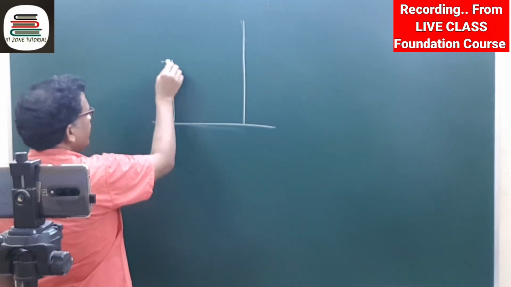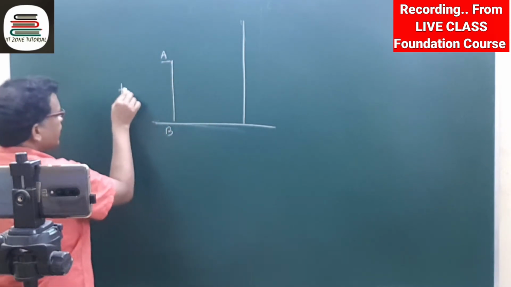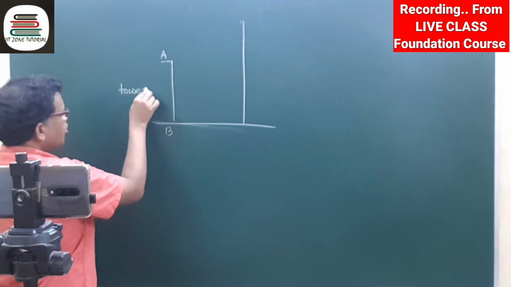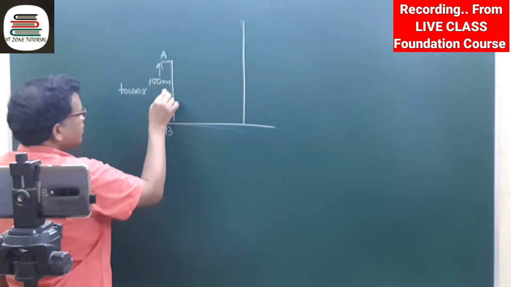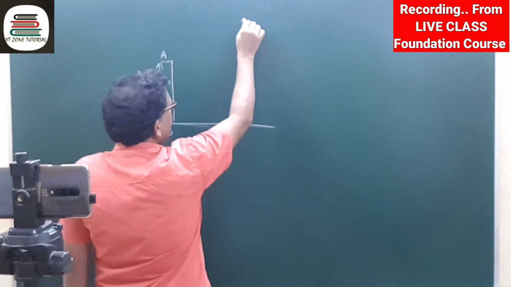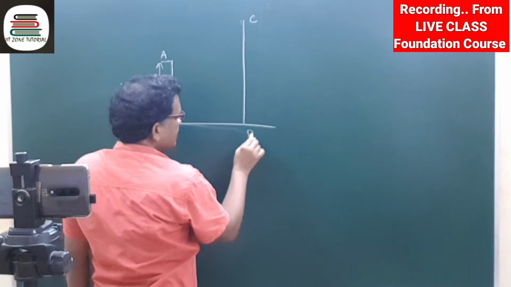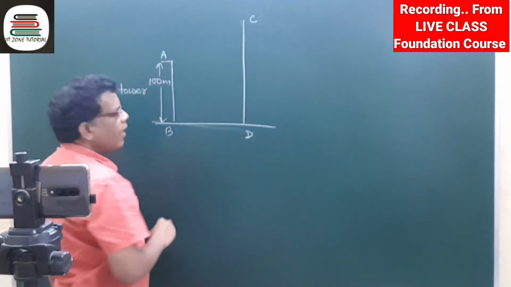If I mark this AB as the tower, whose height is given as 100 meter, right? And for example CD is the rock whose height is to be found.